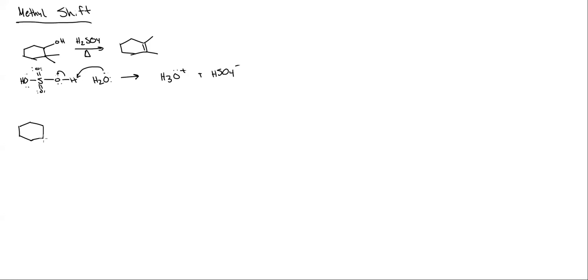Okay, so now let's take a look at this. So this alcohol is going to get protonated. So let me write the hydronium here. So this alcohol is going to act as a base and get protonated by the hydronium. Those electrons are going to go on there. So then we protonate our alcohol.